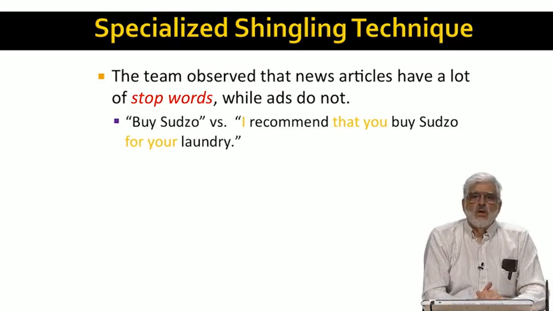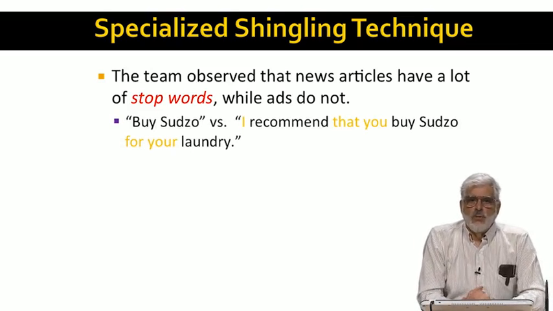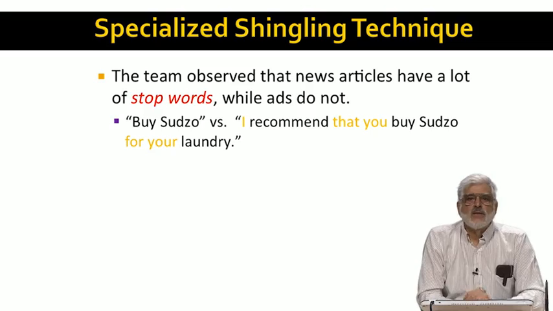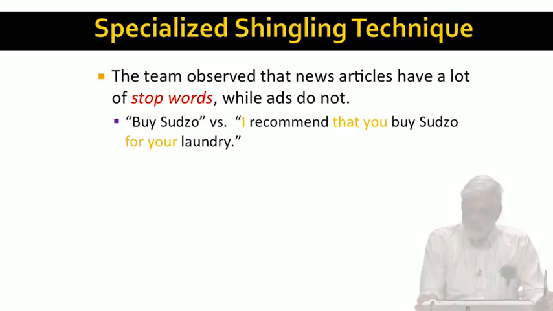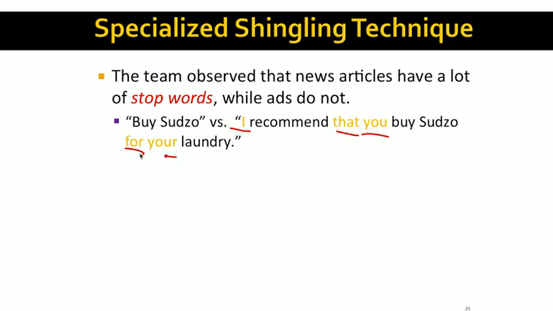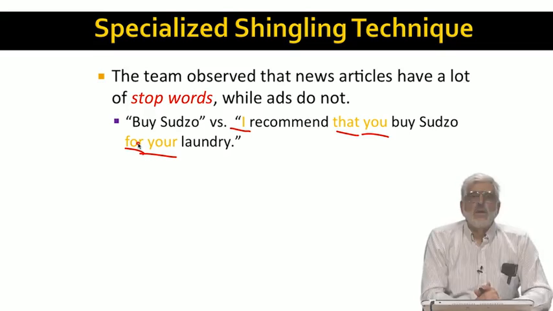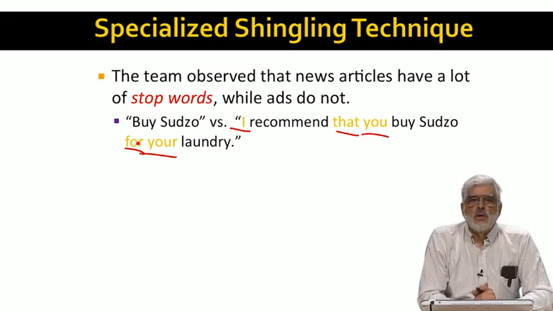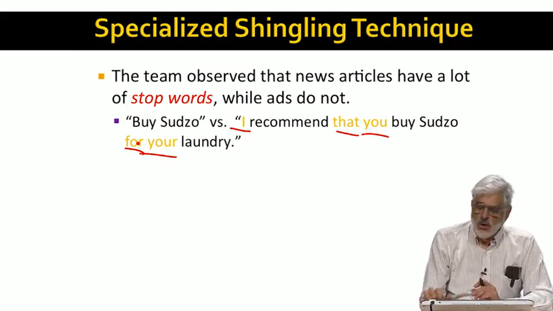For example, ordinary prose would say something like, I recommend that you buy Sudzo for your laundry. The likely stop words are shown in orange: that, you, for, your, very common words. But in an ad, we would just find something abbreviated like buy Sudzo, which has no stop words at all.